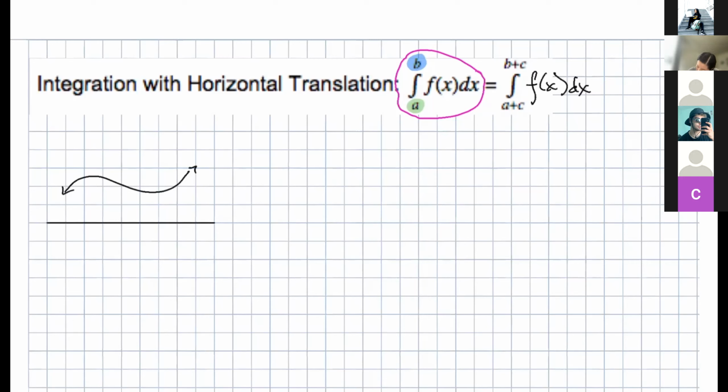So here is my a, and maybe here is my b, okay? And if I follow in line with what we've been doing, I know that integral represents this area right here.